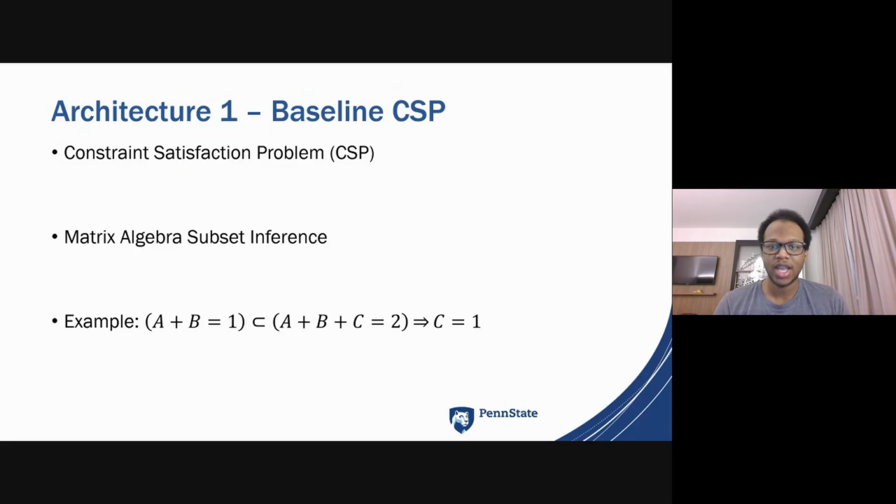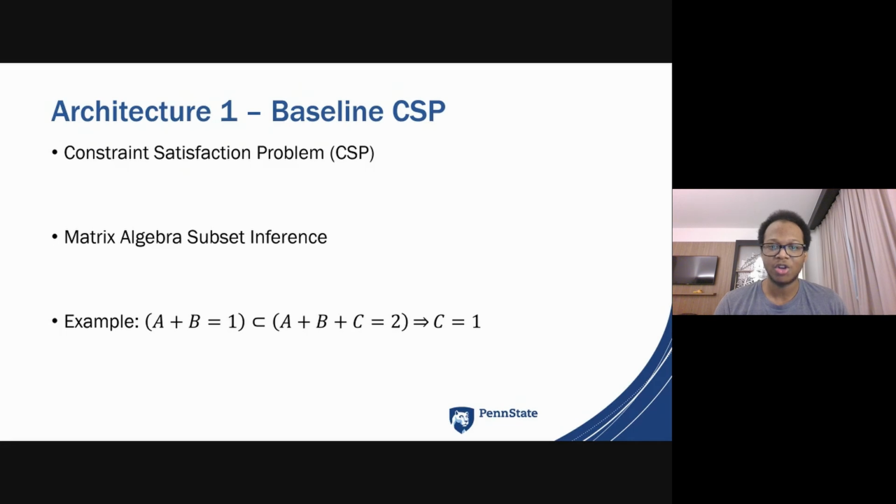Let's look at a concrete example of how the AI thinks. If sentence 1 dictates that variables A plus B equals 1, and an overlapping sentence 2 dictates that A plus B plus C equals 2, the agent recognizes that sentence 1 is a strict subset of sentence 2.